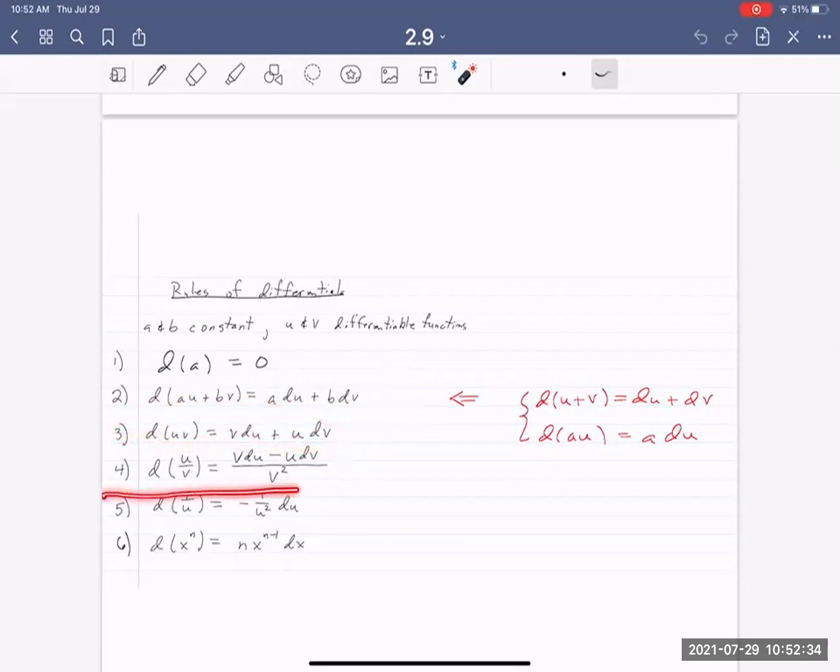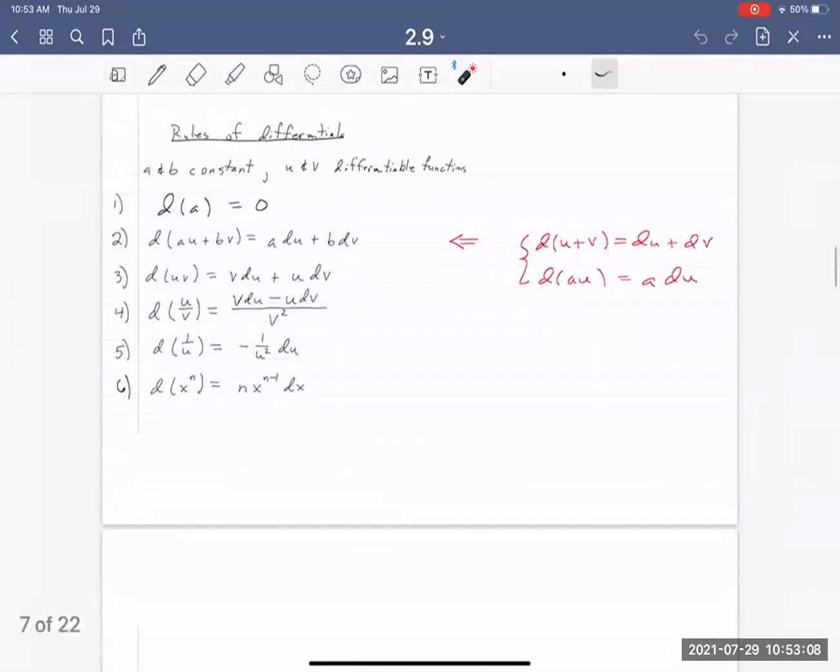Next, the quotient rule. d of u divided by v is v du minus u dv over v squared. The reciprocal rule. d of 1 over u is equal to negative 1 over u squared du, and the power rule. d of x to the power n is equal to n x to the power n minus 1 dx.